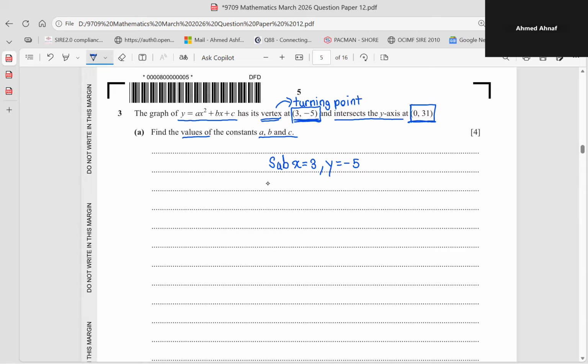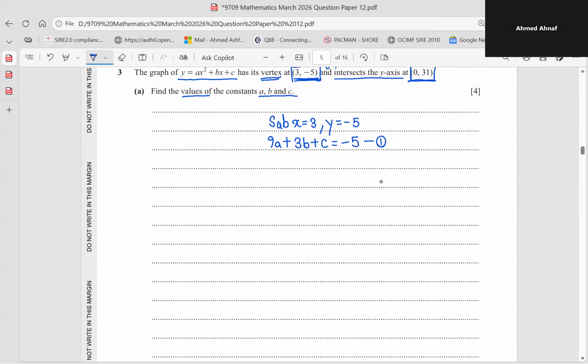So ax squared, so a times 3 squared, that is 9a, plus bx, so 3b, plus c equals, I mean, not 0, -5. So this is our first equation.